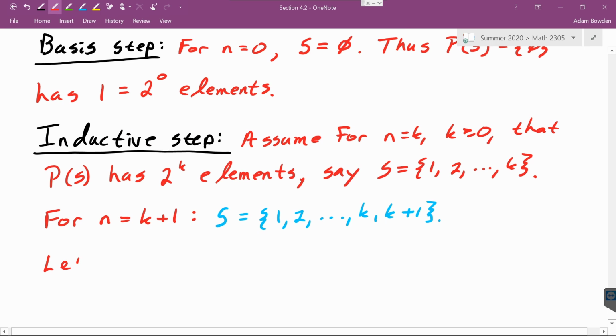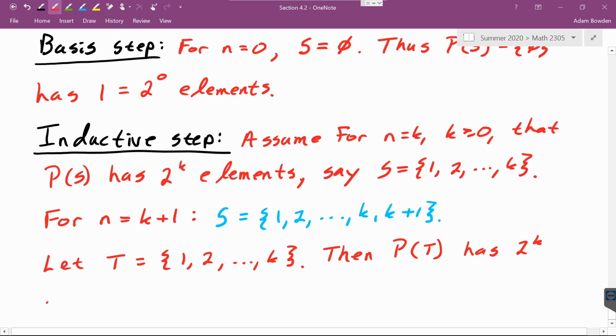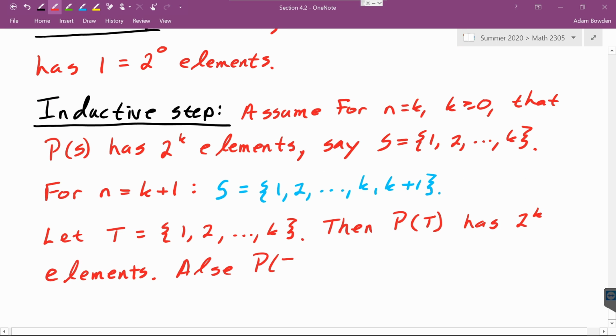Okay, so let's let T be equal to the first k elements. Then by our assumption, the power set of T has 2 to the k elements. Also, the power set of T is the same as the power set of S, except for the subsets containing k plus 1.